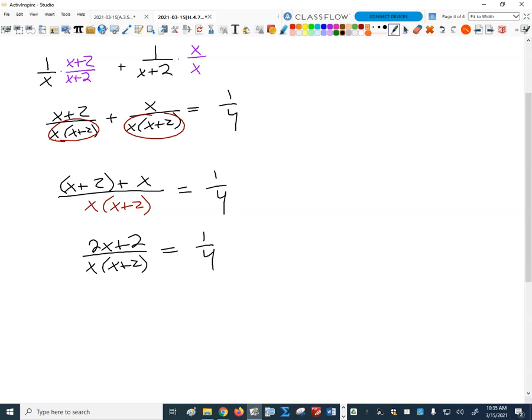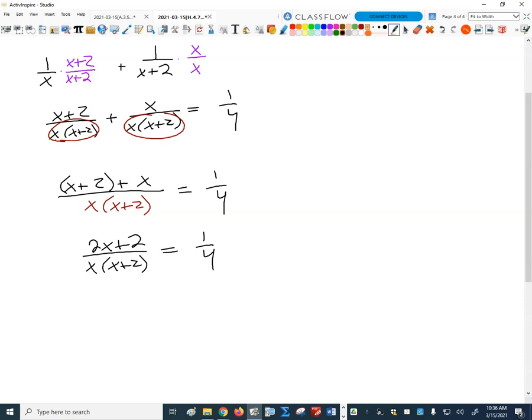Okay, so now I've got a proportion. What happens if I have a fraction equal to a fraction? How do we solve that? We did a little bit of this at the very beginning of the year. Do you remember how we always solve a proportion? There's a really easy way. If I have a single fraction equal to a single fraction, what can I do? Cross multiply, exactly, right?